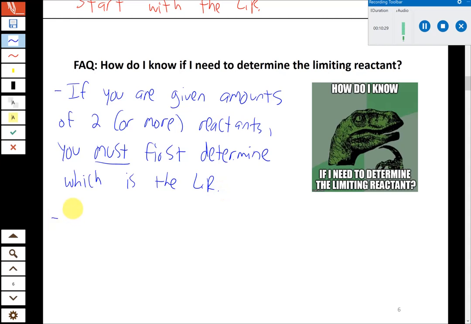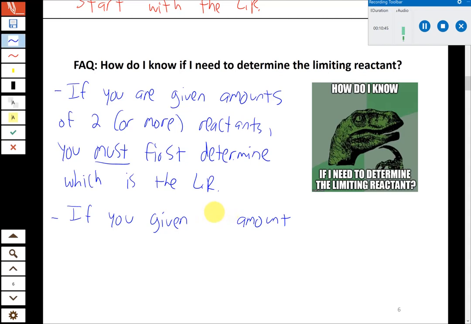In other types of problems, like the ones we did last time, we just give you one amount of a reactant. Let me reword this.